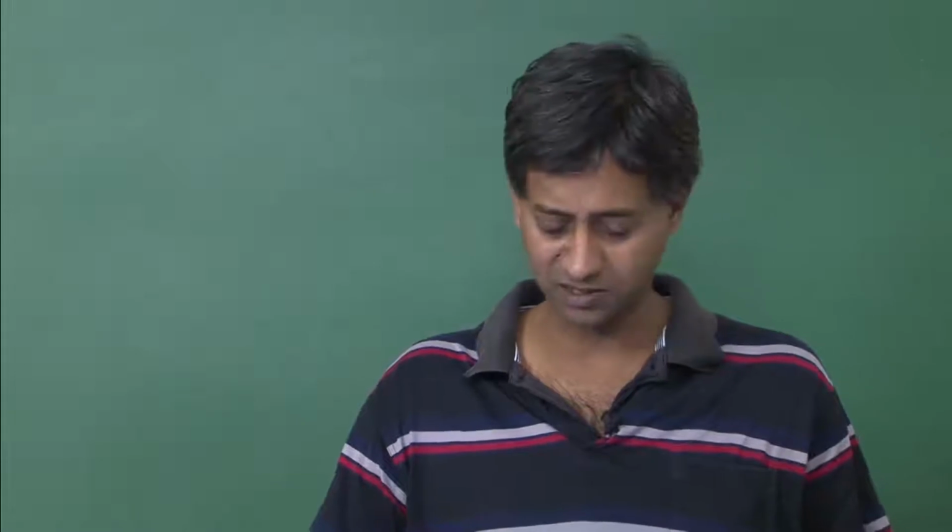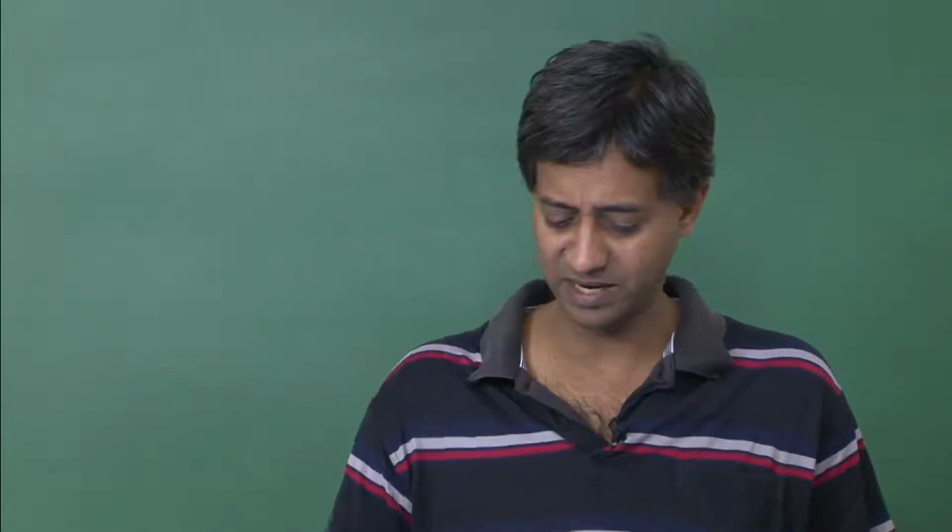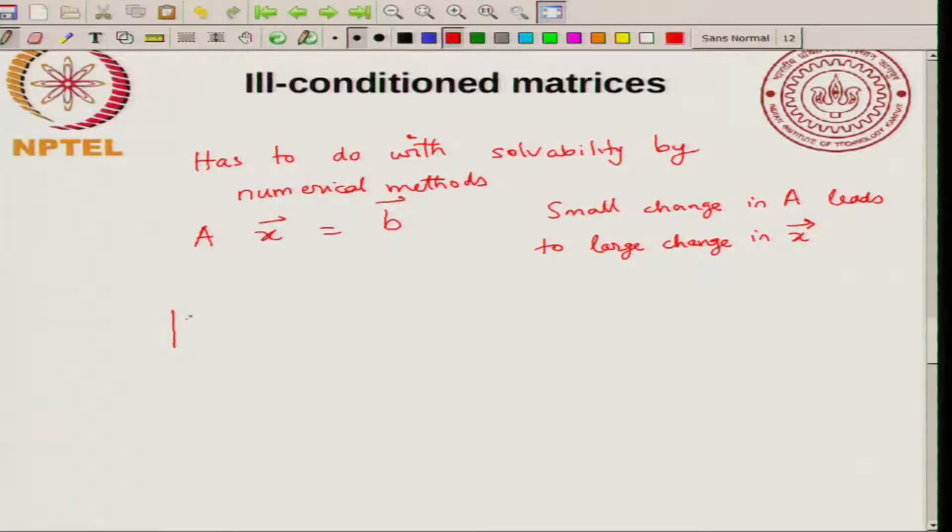Now, there is a way to check for an ill conditioned matrix by computing something called the condition number. I will call this k of A. This is the absolute value of the largest eigenvalue divided by the absolute value of the smallest eigenvalue.